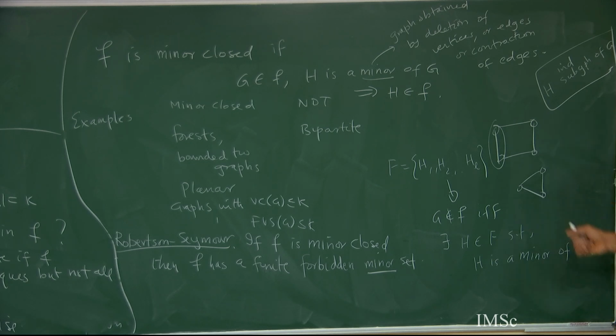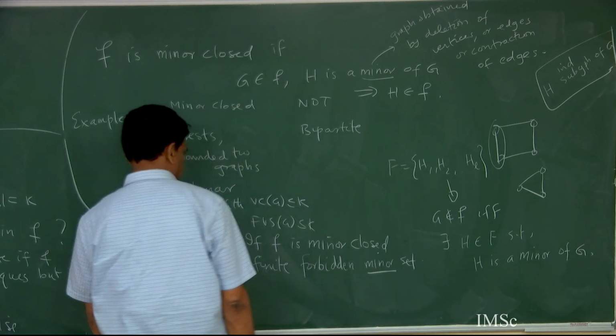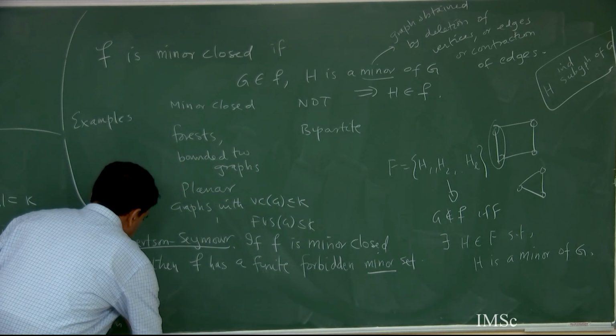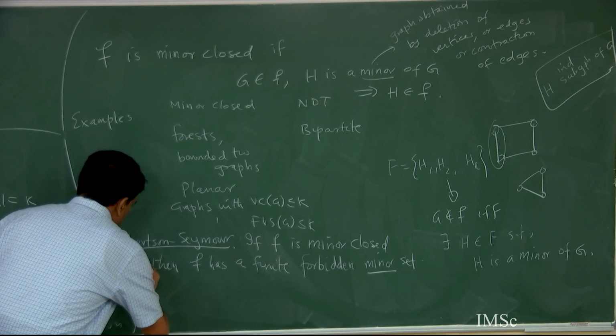But checking for minor is a lot more complicated because it's not just about induced subgraph. You could have gotten it through a lot of contraction. So this is theorem 1.